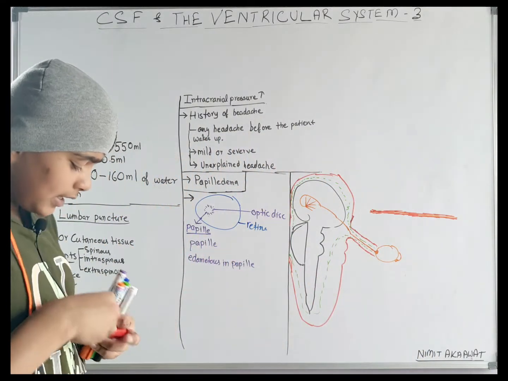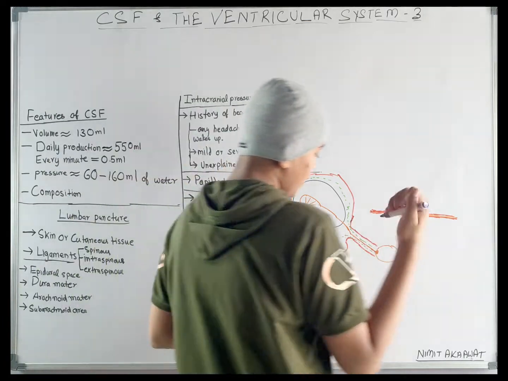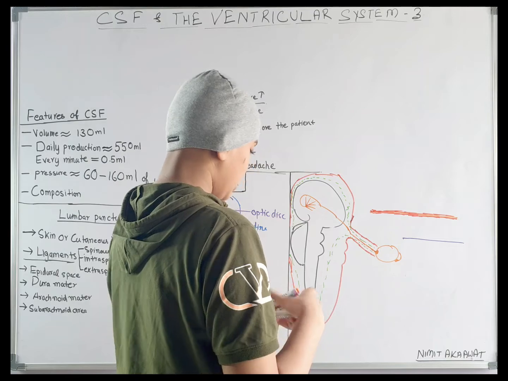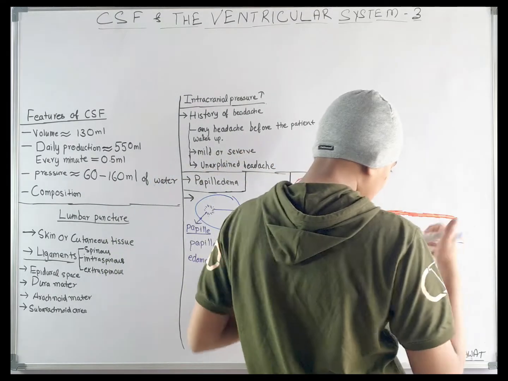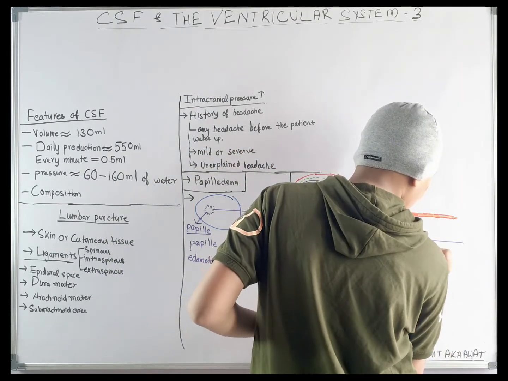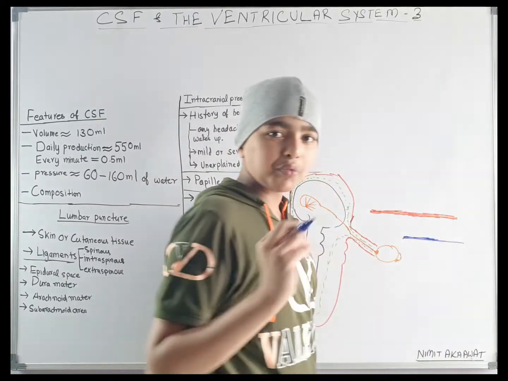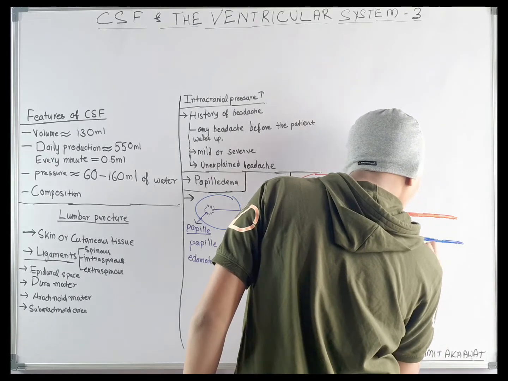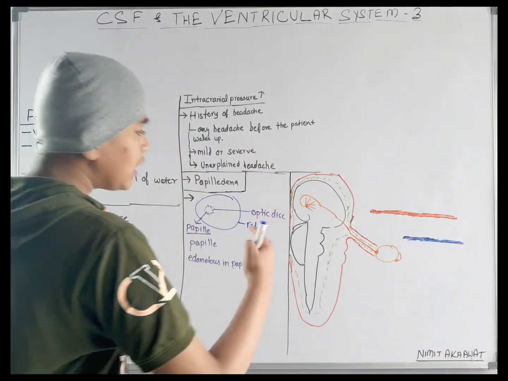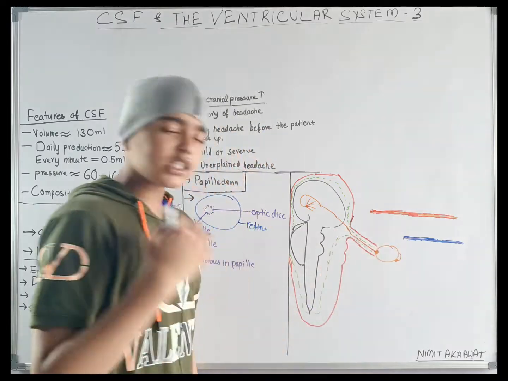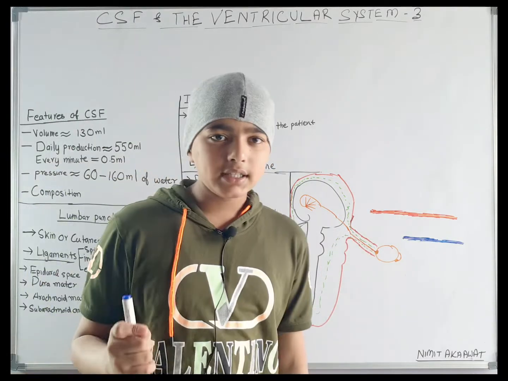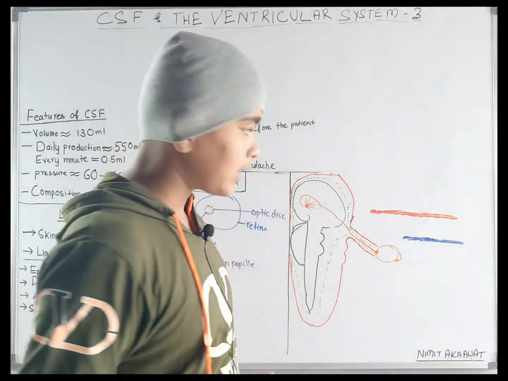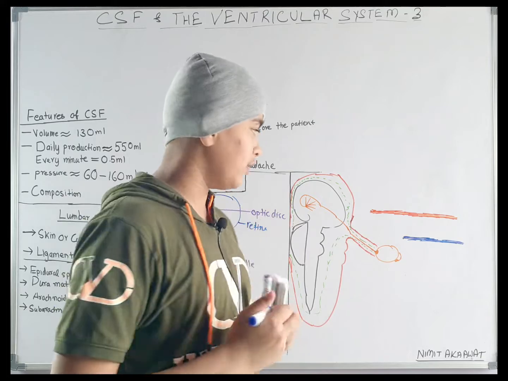And here is a peripheral nerve. For example, this is a peripheral nerve. Peripheral nerves are myelinated by another type of cells called Schwann cells. Because all the central nervous system tracts, including the optic nerve, are myelinated by oligodendrocytes, that is why the optic nerve should be considered as a central tract, not a peripheral nerve.